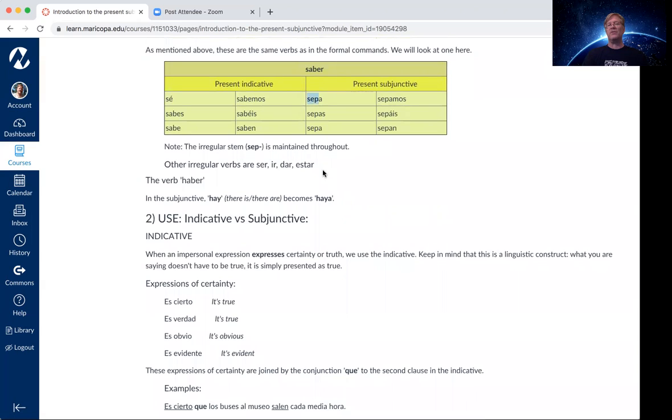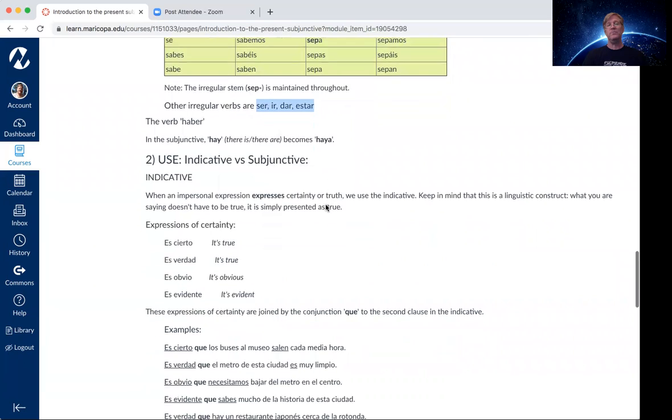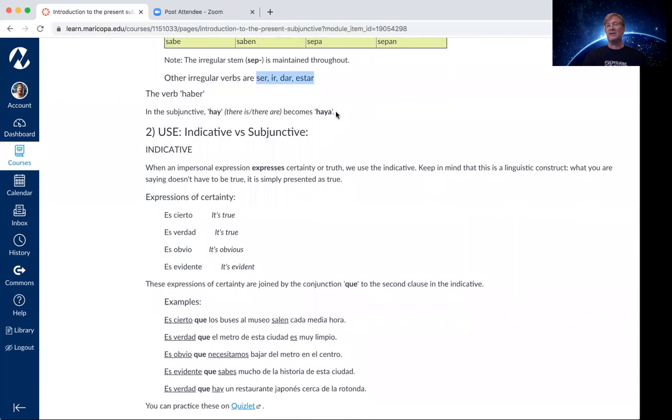Some other irregular verbs, not surprisingly, ser, ir, dar, and estar, and saber, same as the irregular ones in the formal commands. Okay? And again, just as in the command form, the verb haber is haya. Haya.